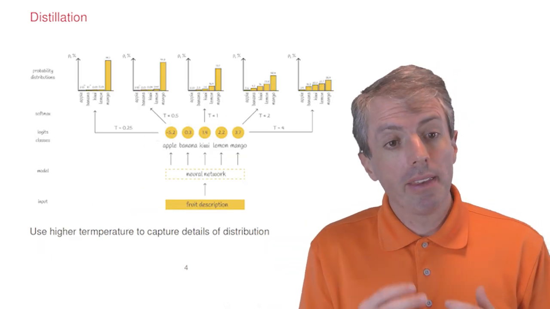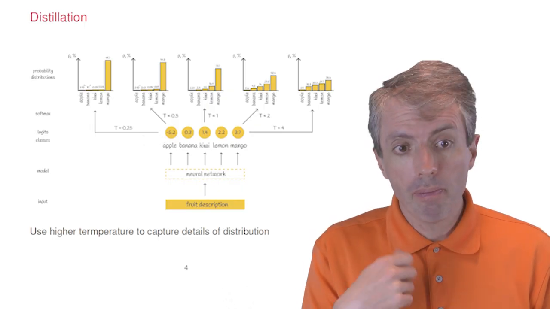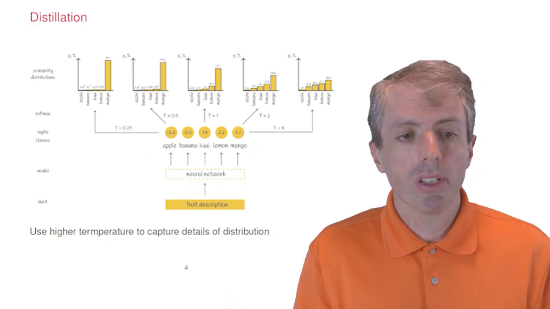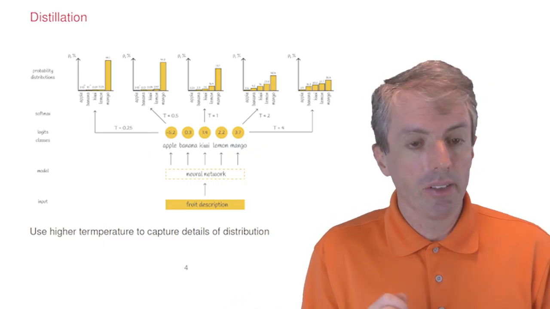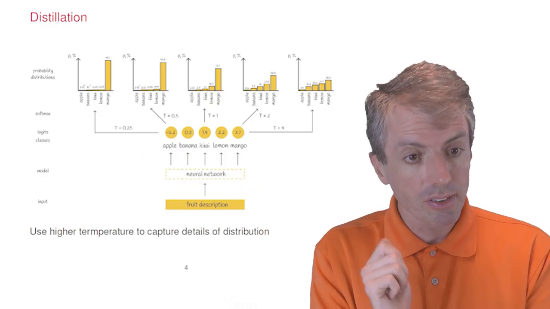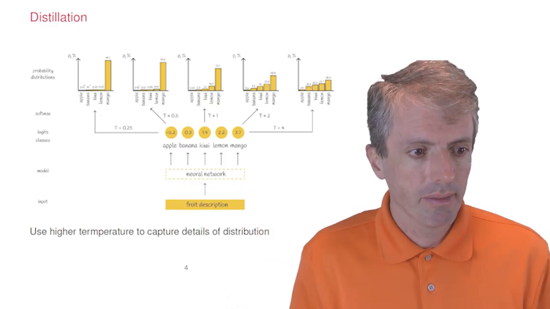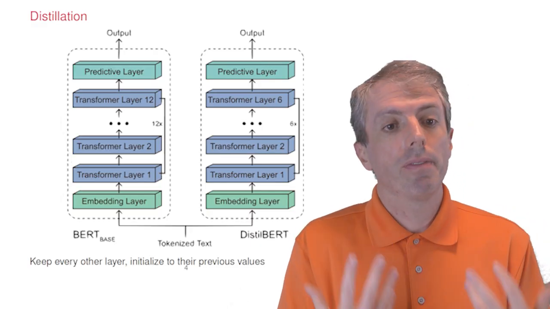And particularly when the distributions are very peaky, you might want to go a step further and actually use a higher temperature to capture the details of the distribution so that it doesn't just turn into, did I match the argmax or not? I want to actually capture what's happening in the label distribution. When you have access to the full model that you're trying to distill, you can go even further.